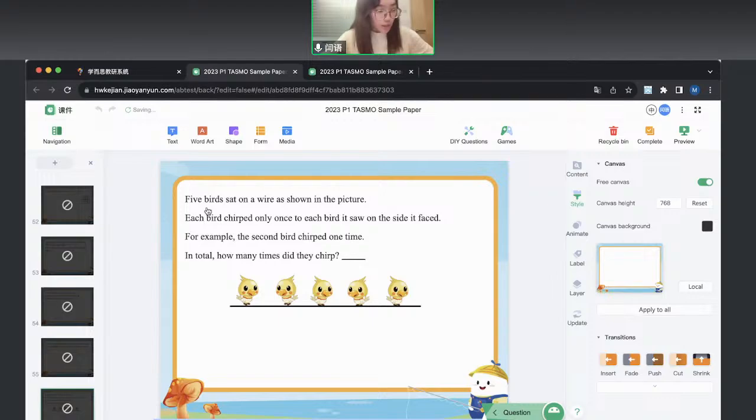So here you can see that 5 birds sat on a wire as shown in the picture, right? And then each bird chirped only once to each bird it saw on the side it faced.